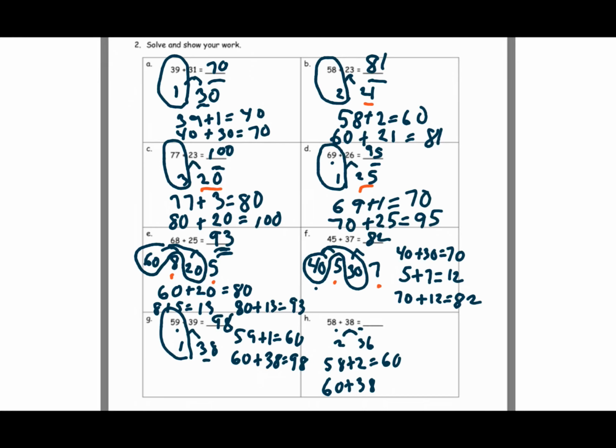I'm sorry, that's not right. It was 50 plus 36. Here, 36. So 60 plus 36 is equal to 96. So 58 plus 38 is equal to 96.